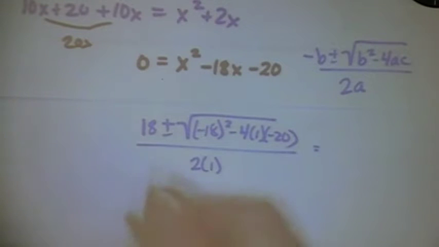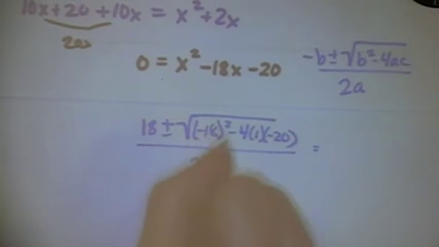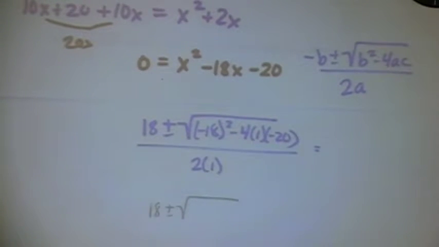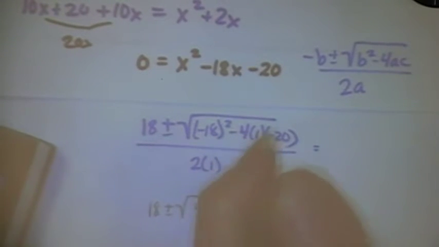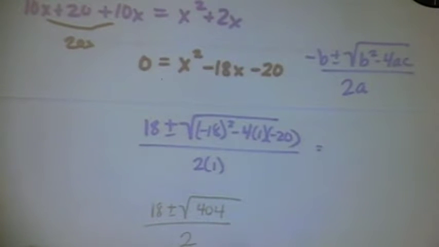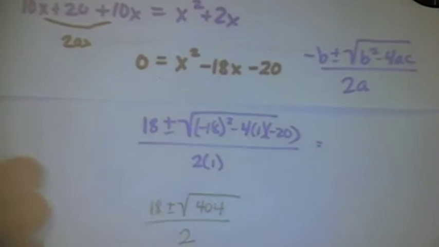Then it's just simplifying. Break down 404.